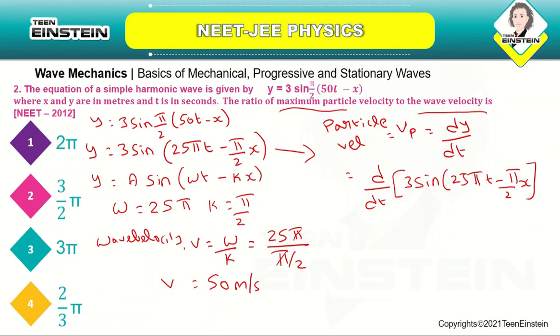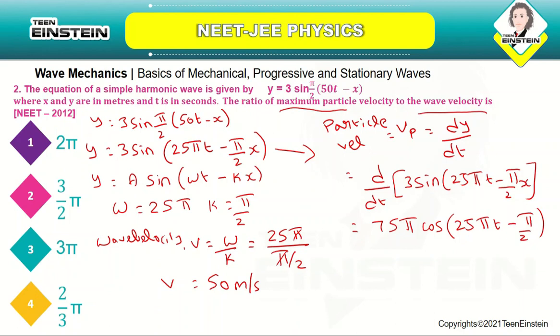If you differentiate this, you will be getting 75 pi cos 25 pi t minus pi by 2 x.